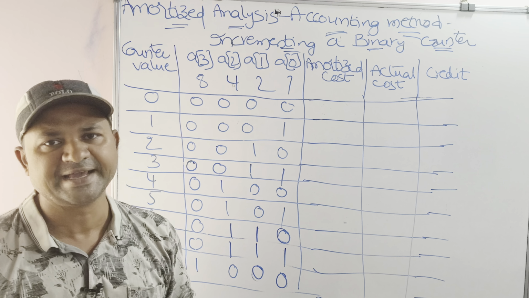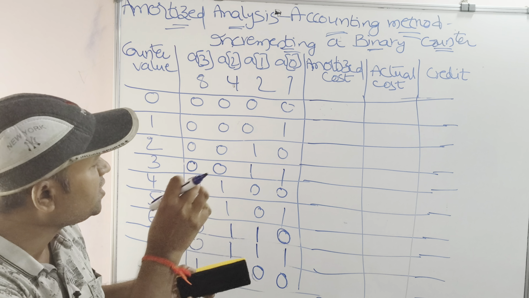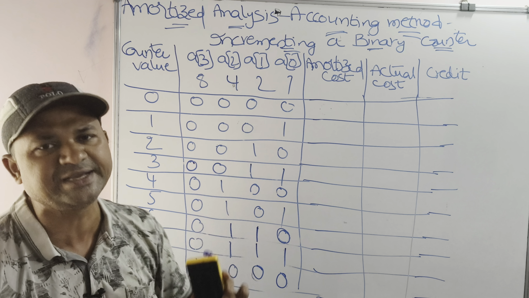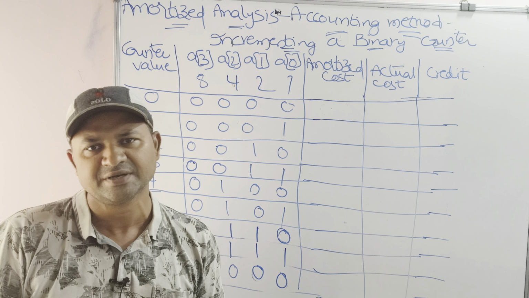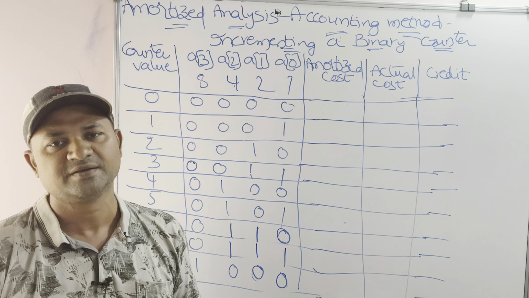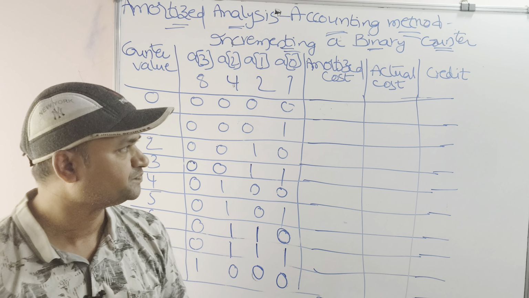Next column represents actual cost. So actual cost represents the cost of executing that operation. In stack, for push operation 1 unit is required, the cost is 1. For pop operation the actual cost is 1.